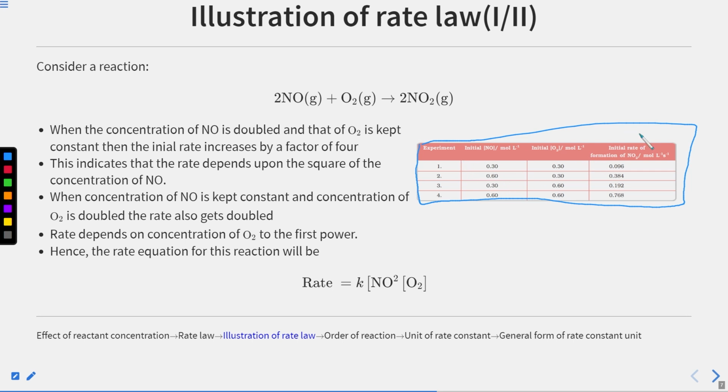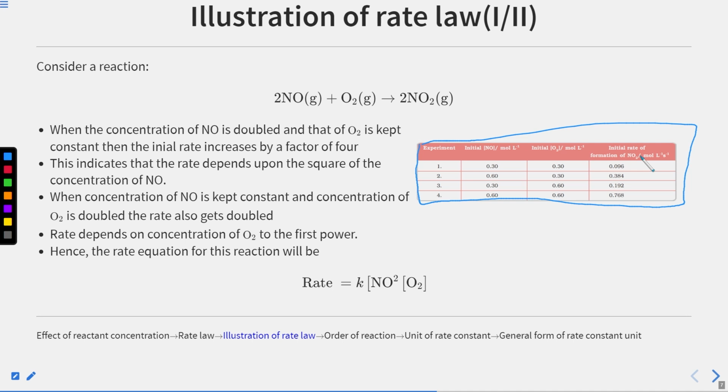So this rate of reaction here is basically the instantaneous rate of reaction, not the average rate of reaction. And in the coming lectures, all of these rates of reaction would be instantaneous only, because that is of more importance.